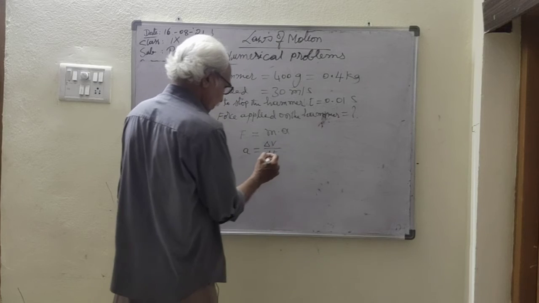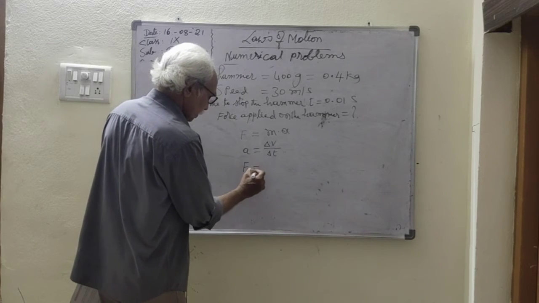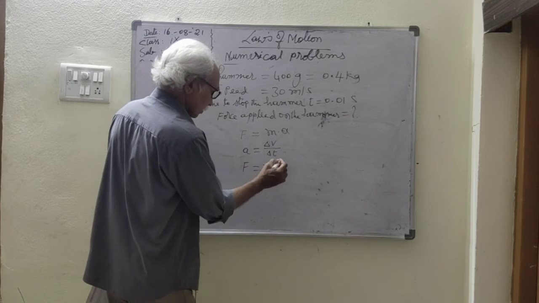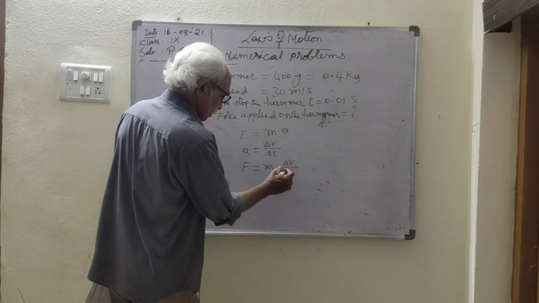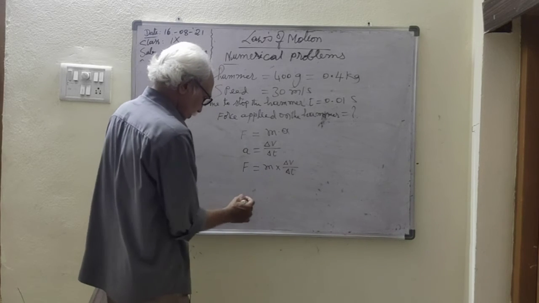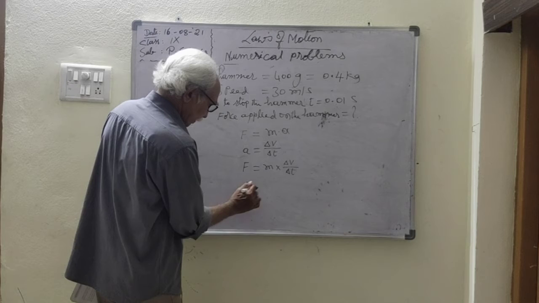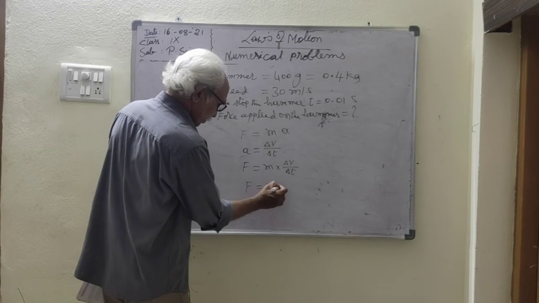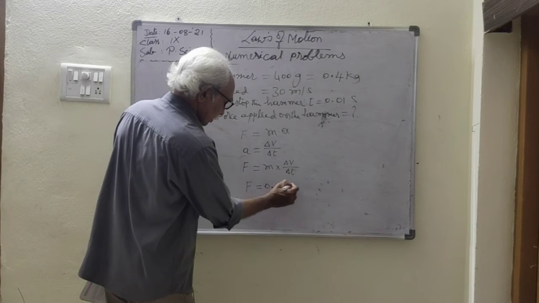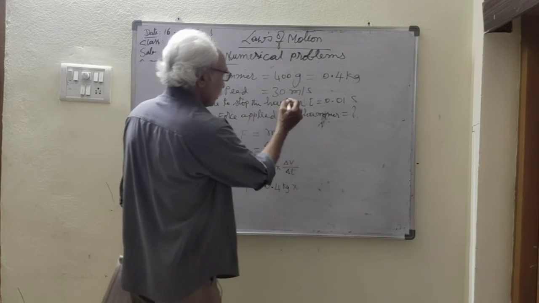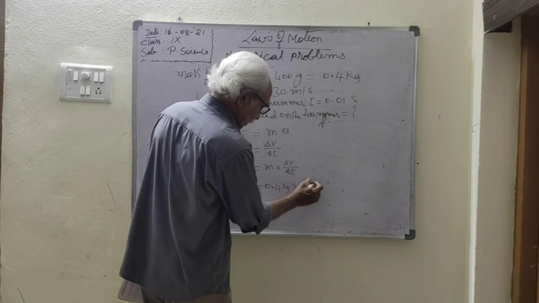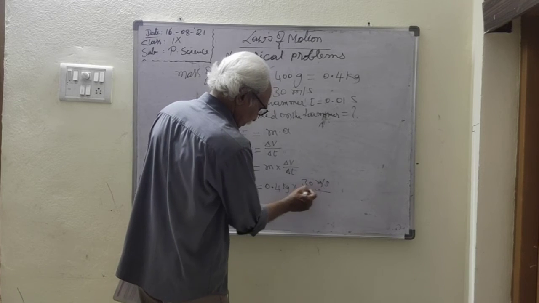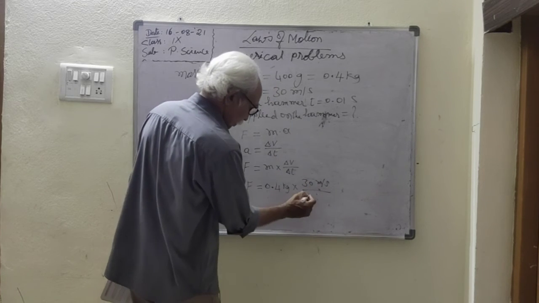So from this equation, F is equal to M into delta V by delta T. So you can write F is equal to mass 0.4 kg into speed change 30 meter per second, by time 0.01.